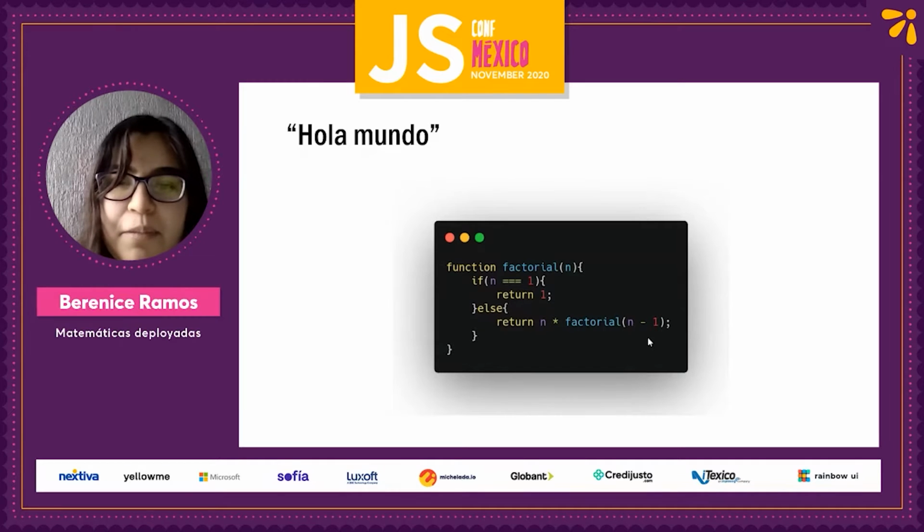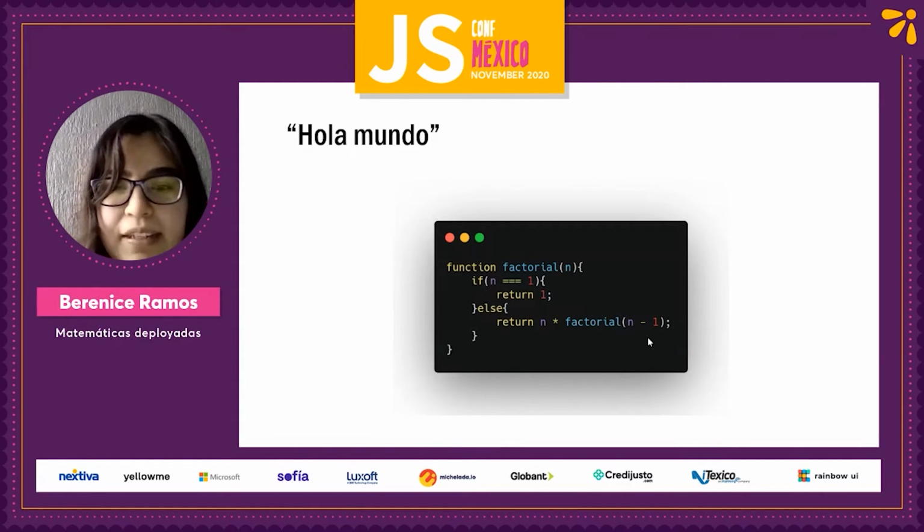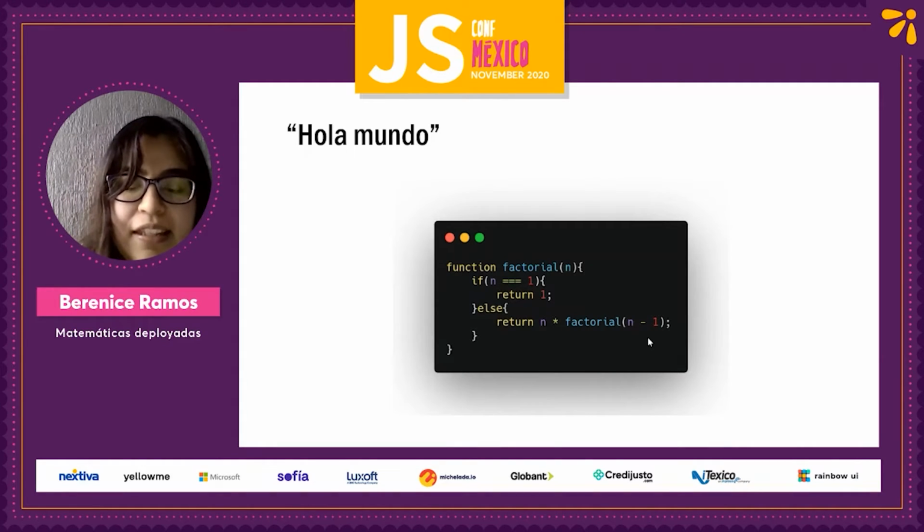It is the multiplication between one given number and all its previous numbers up until 1. So to apply this induction, we have the base case, which is n equals 1. And in that case, when n equals 1, it's going to return 1. But in all other cases, as long as the number is not 1, the function is going to multiply that number with the previous number.